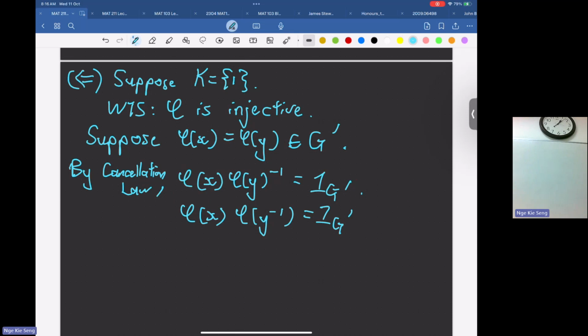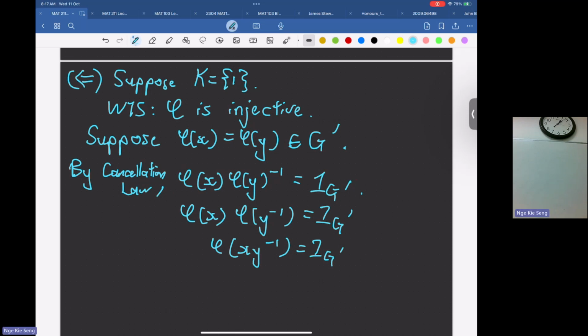Because phi is a group homomorphism: phi(ab) equals phi(a) times phi(b) for all a, b. In particular for x and y inverse. And then what else can we do? So we know that phi sends x y inverse to identity.